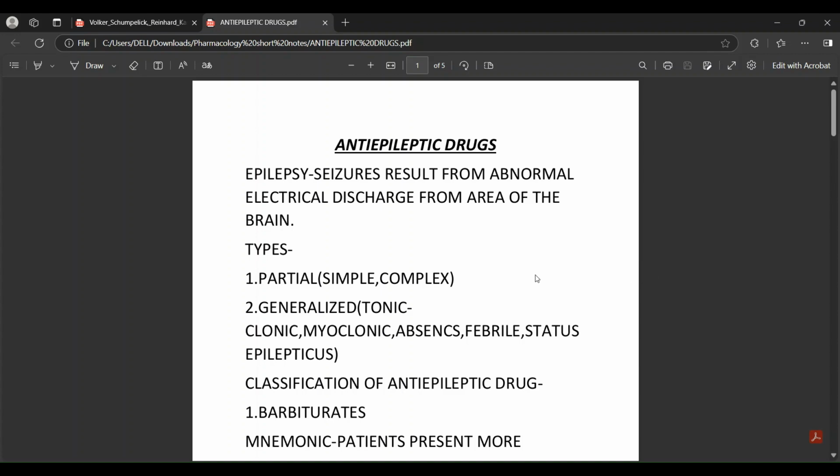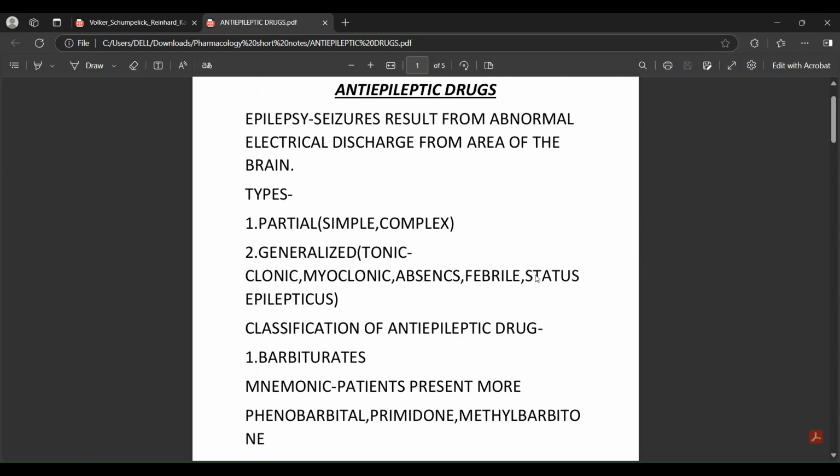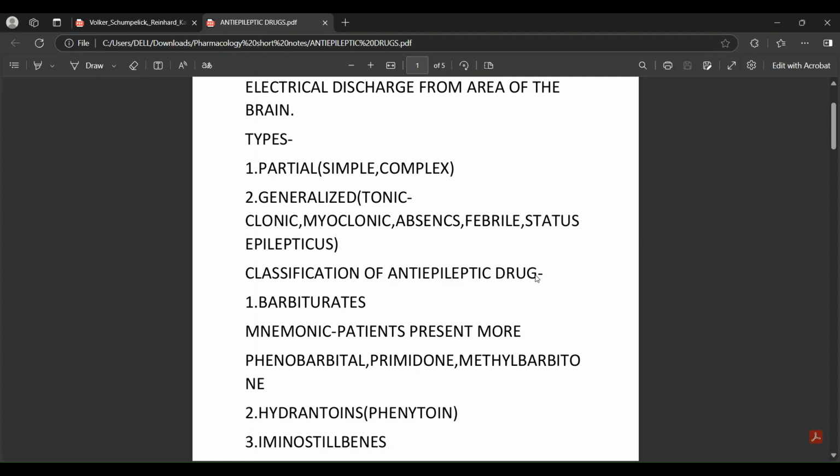So in our brain there is an abnormal neuronal formation that discharges electrical impulses, and to treat that we use antiepileptic drugs. And the types of epilepsy are mainly partial and generalized, simple and complex.